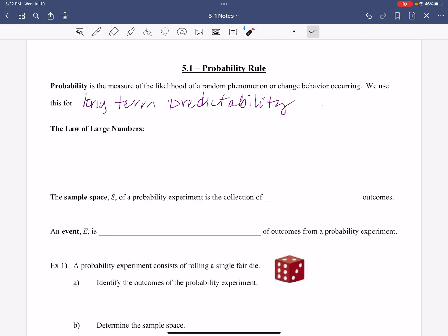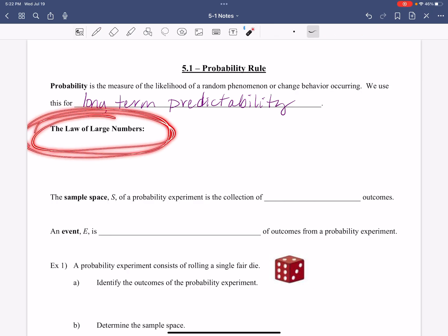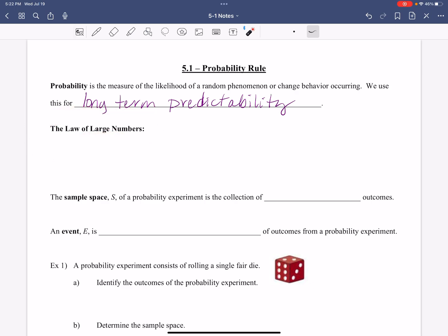Here's a big thing, even if it's large numbers, no pun intended. It is a huge deal in statistics. So the law of large numbers, here's the key.